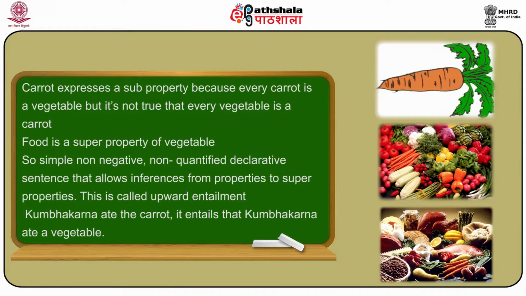Food is a superproperty of vegetable. So a simple, non-negative, non-quantified declarative sentence allows inferences from properties to superproperties. This is called upward entailment. So if I say Kumbhakarna ate a carrot, it entails that Kumbhakarna ate a vegetable.